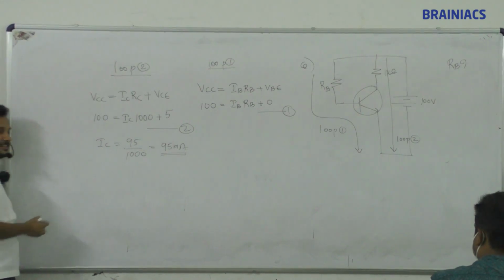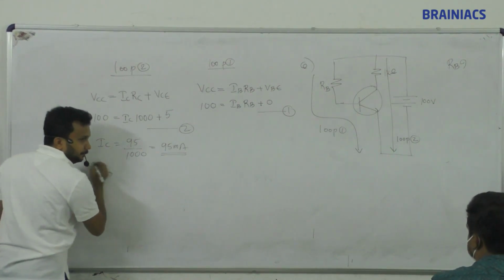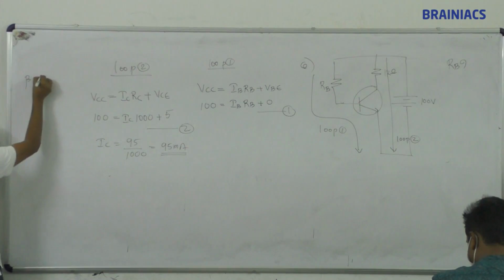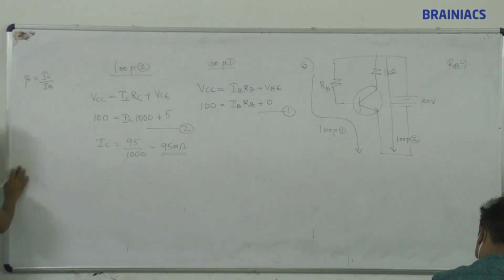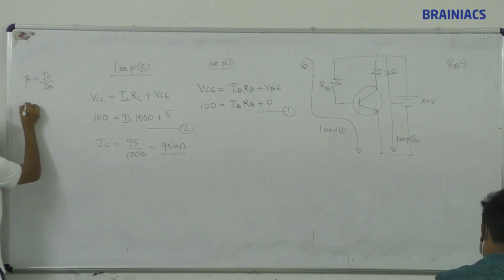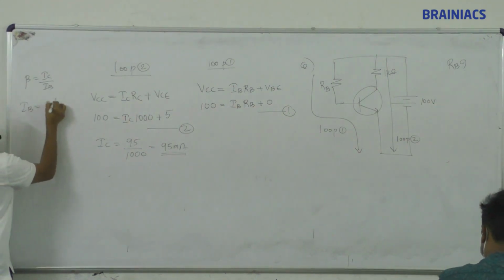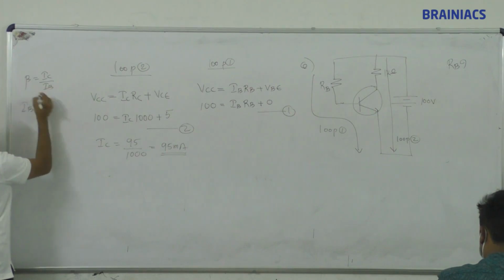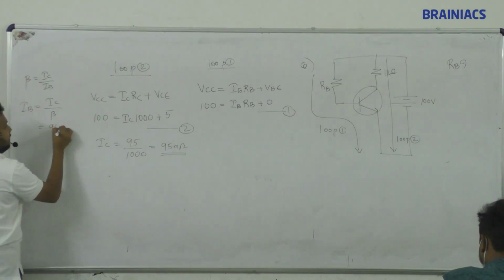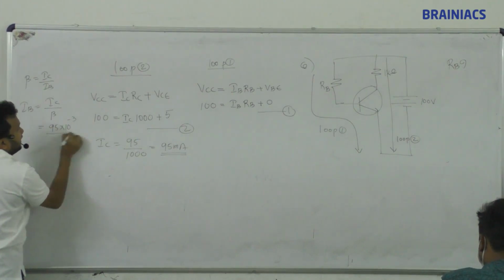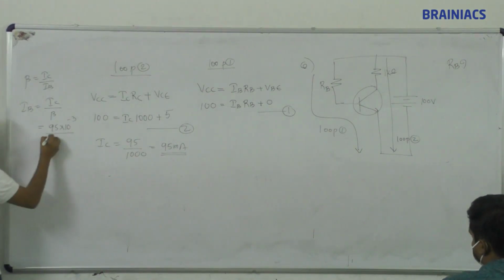Now what is given in the question extra? Beta. Beta is equal to IC by IB. So what can I find from here? IB, which is IC by beta. 95 milliampere means 95 into 10 power minus 3. Beta is 100.